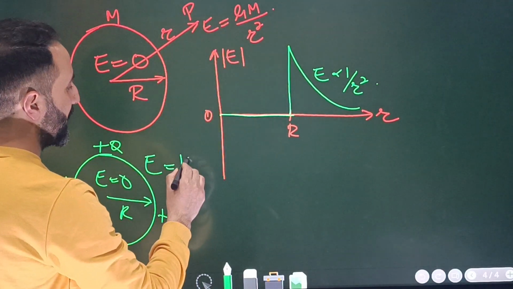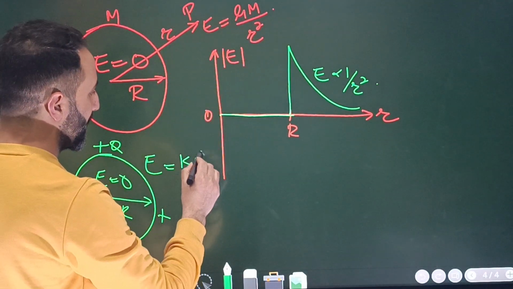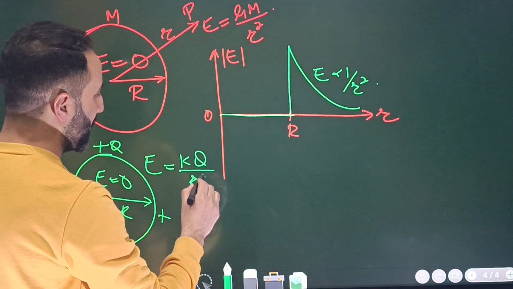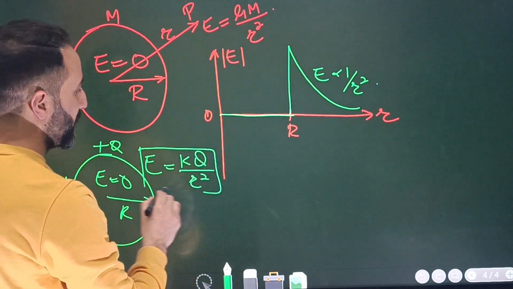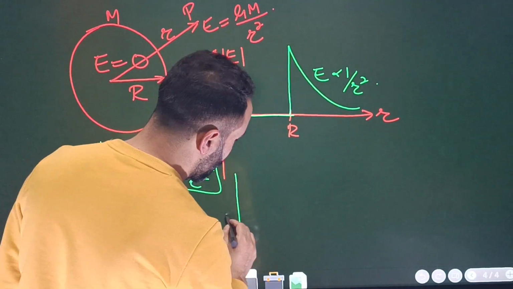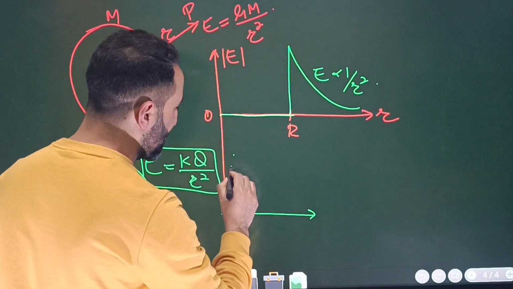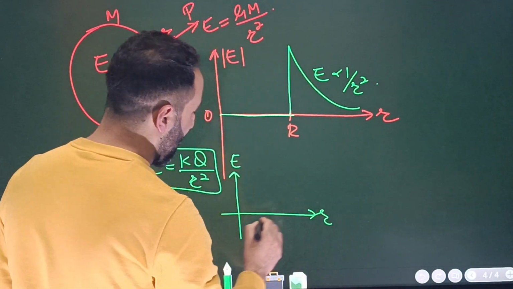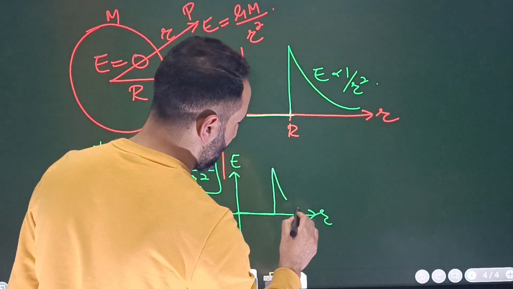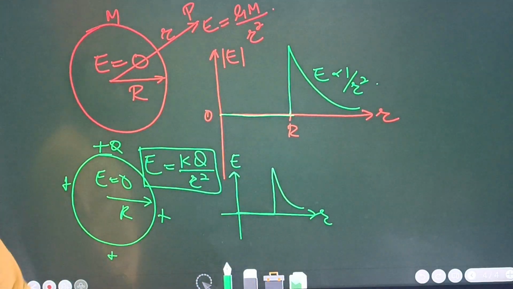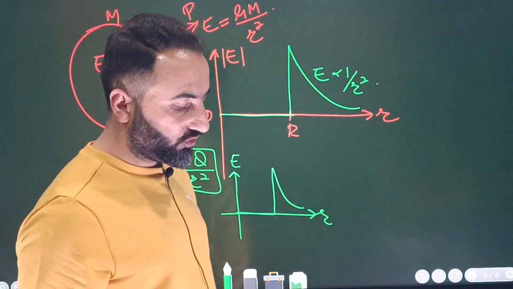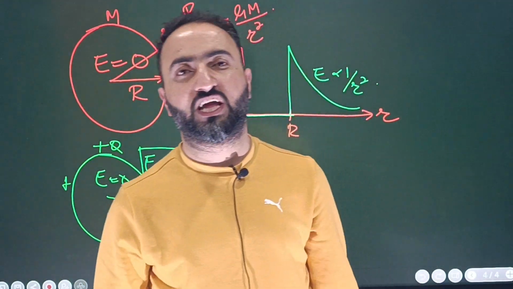G is replaced by k, m is replaced by q, and r square stays. So the field will be k q divided by r square. If you plot this electrostatic field versus r graph, again it will be 0 inside and a rectangular hyperbola outside, a similar graph. So there is a connecting link between electrostatics and gravitation.